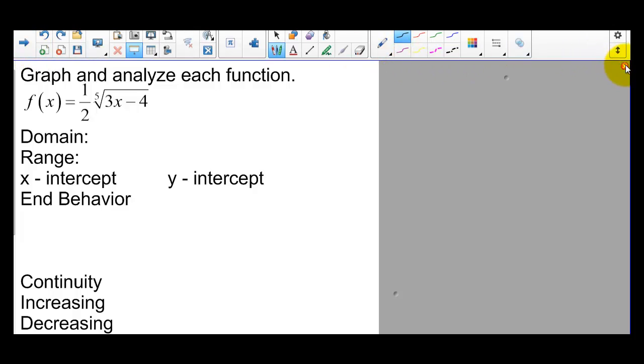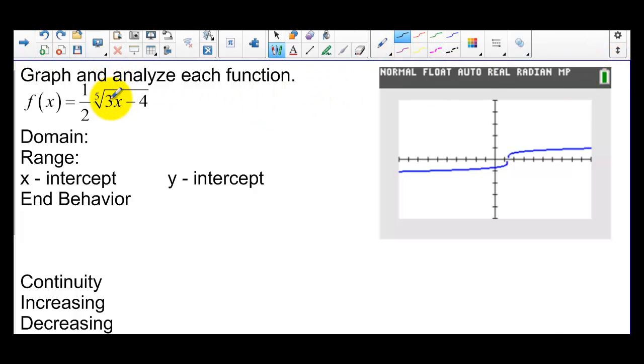Graph and analyze this function. This function has an odd root. The domain is negative infinity to infinity. The range is negative infinity to infinity. X-intercepts: this is interesting because now we have to find the x-intercepts. To find an x-intercept, we plug 0 in for y.